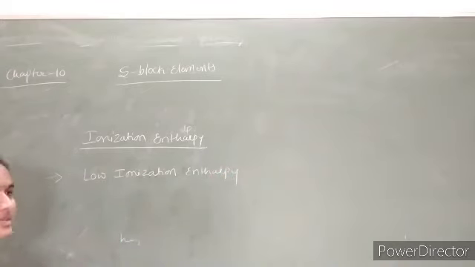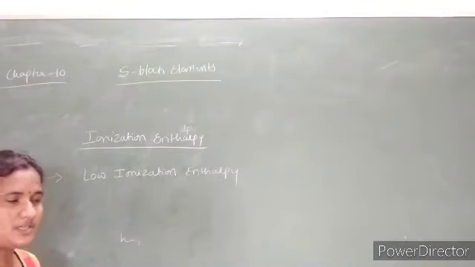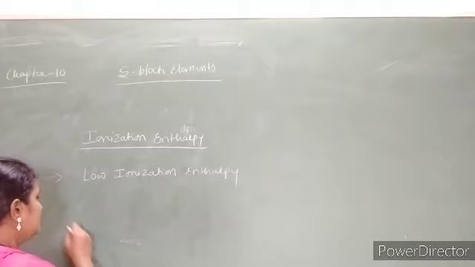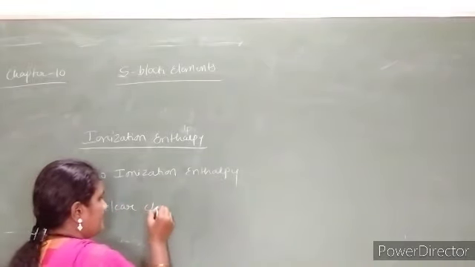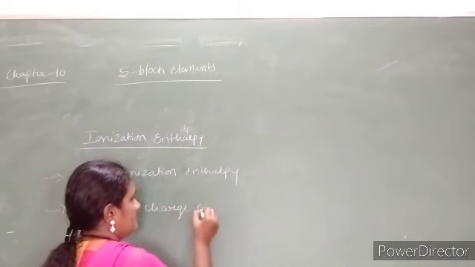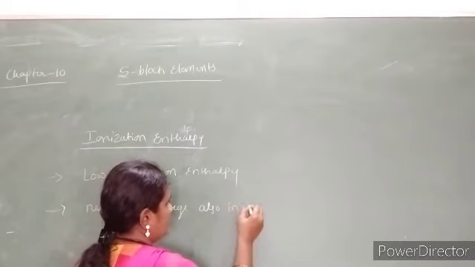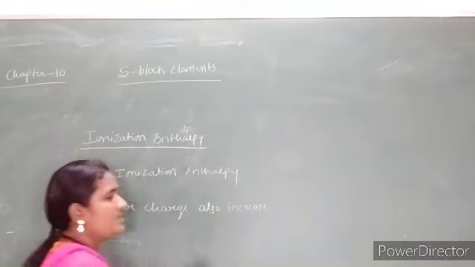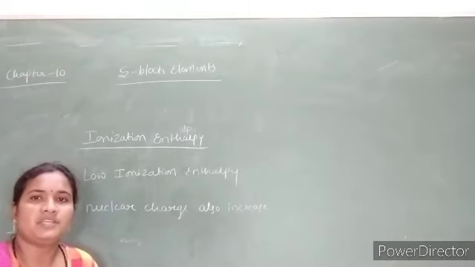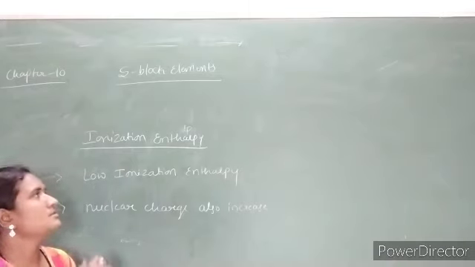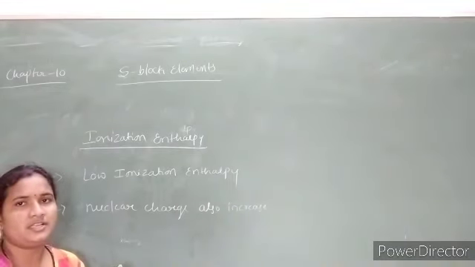Down the group it decreases because with increase in atomic size the nuclear charge also increases. So it is very easy to remove the outermost electron with the minimum amount of energy, since alkali metals have low ionization enthalpy.